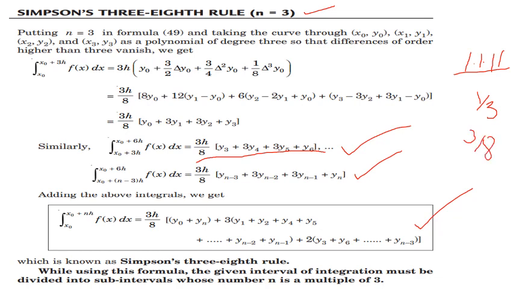And as we have seen earlier, using the 3/8 formula 2 times is more accurate than using the 1/3 formula 4 times, because of the general equation. So these are some basics of this chapter.